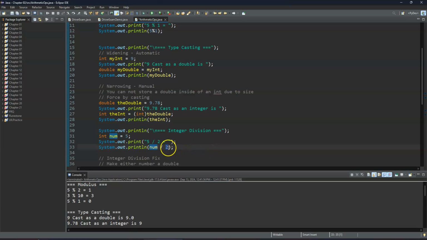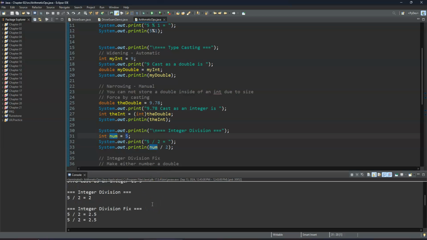When Java does this math, watch what happens. So I'm doing 5 divided by 2, right? Let's see what happens here. 5 divided by 2. It says that 5 divided by 2 is a 2. We know that's not true. 5 divided by 2 is 2.5. So what actually happens is called integer division.